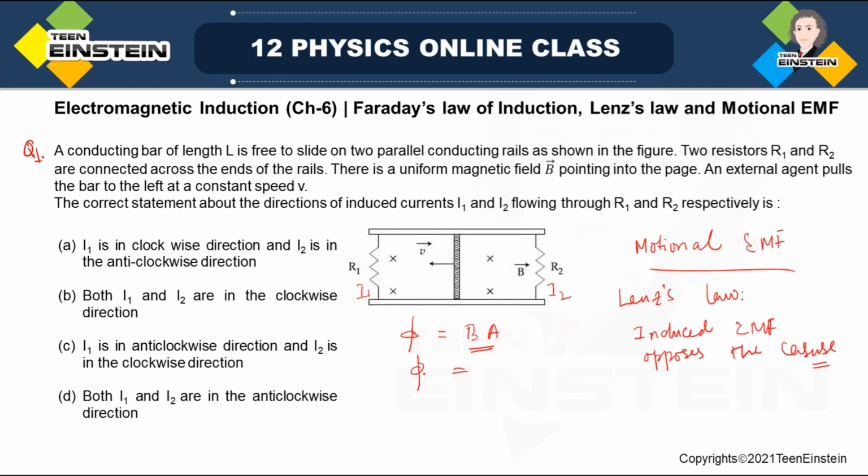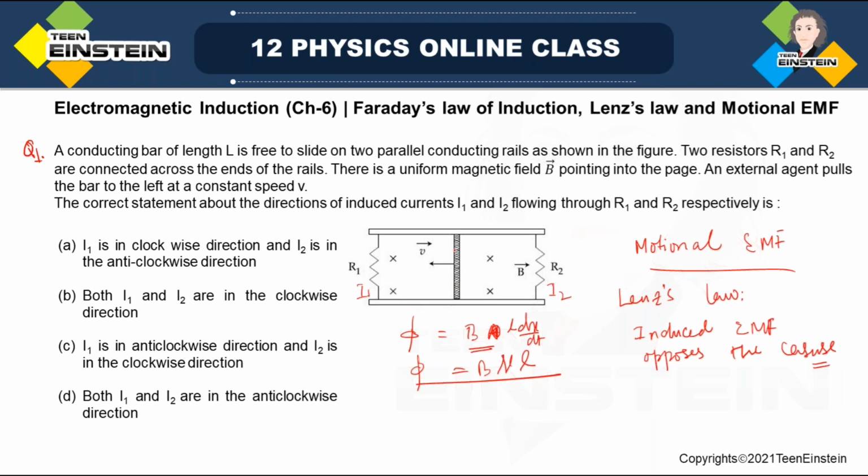Motional EMF will be BVL. As the area changes, like L into dx by dt, that's how the area changes. Because of the change in area as the conducting bar moves, we get motional EMF.